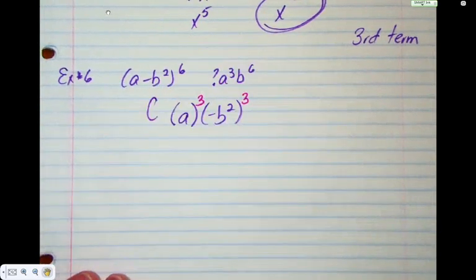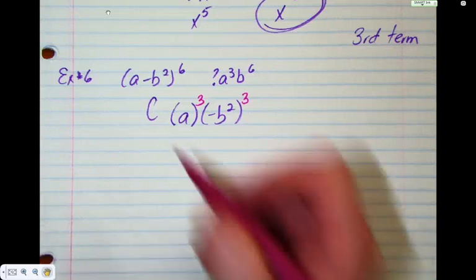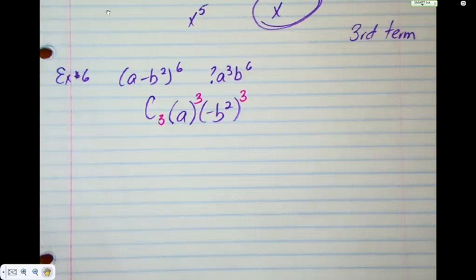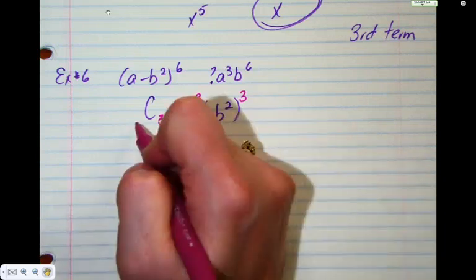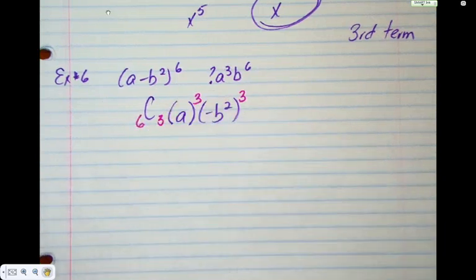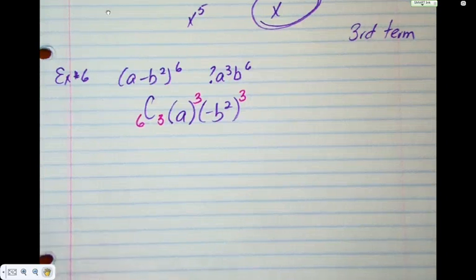We know we're going to have a combination. This r value has to be 3. Why? And the n value has to be 6. Okay, so we could have drawn out all the terms. We just used some logic instead. Okay? Now what?